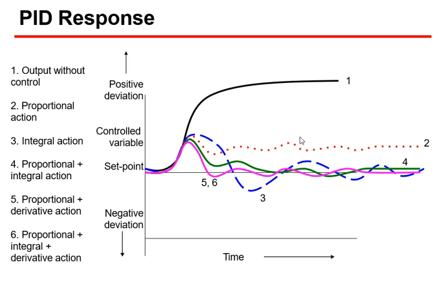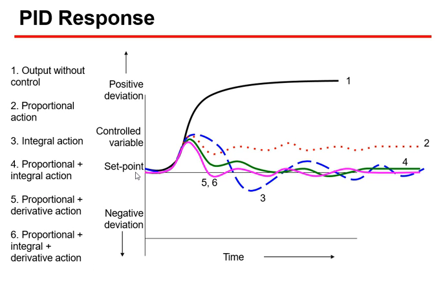Again, if you see this diagram, this is a very interesting diagram. In this one, the controller output is taken over here. This is the output without control. It is not having any control, if you see this output, and the same output with proportional action, integral action, proportional plus integral action, proportional plus derivative action, proportional plus integral plus derivative action is shown over here.